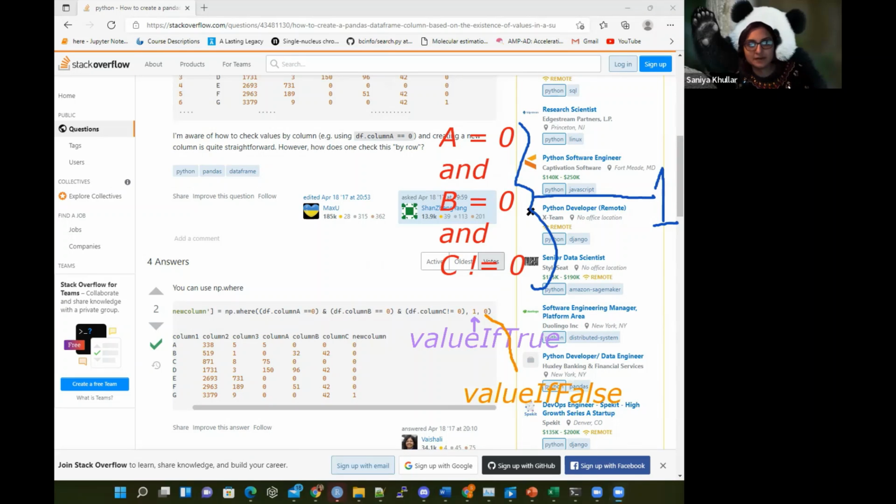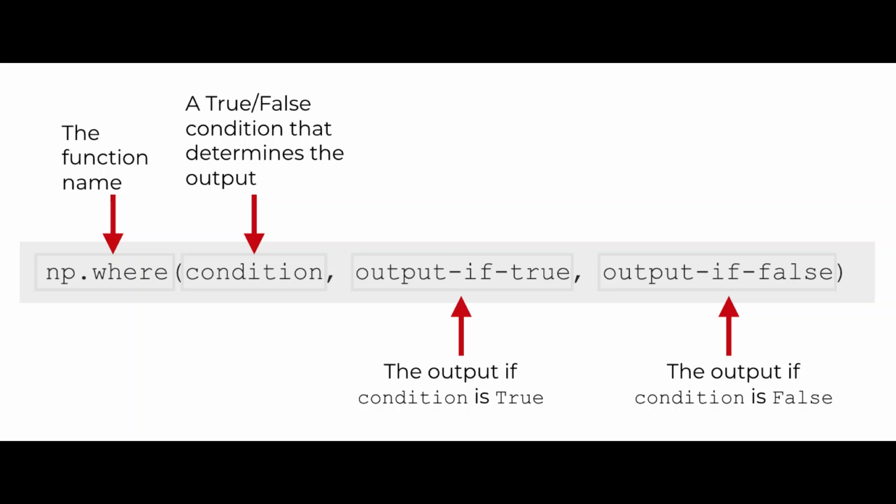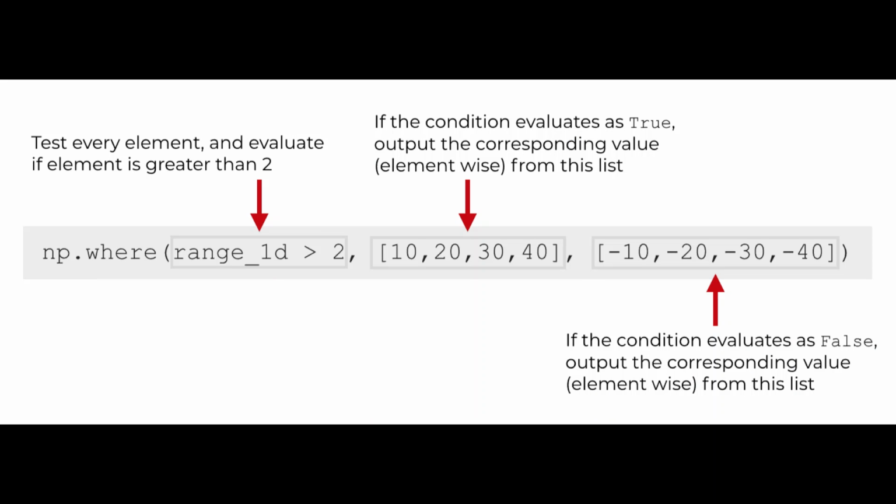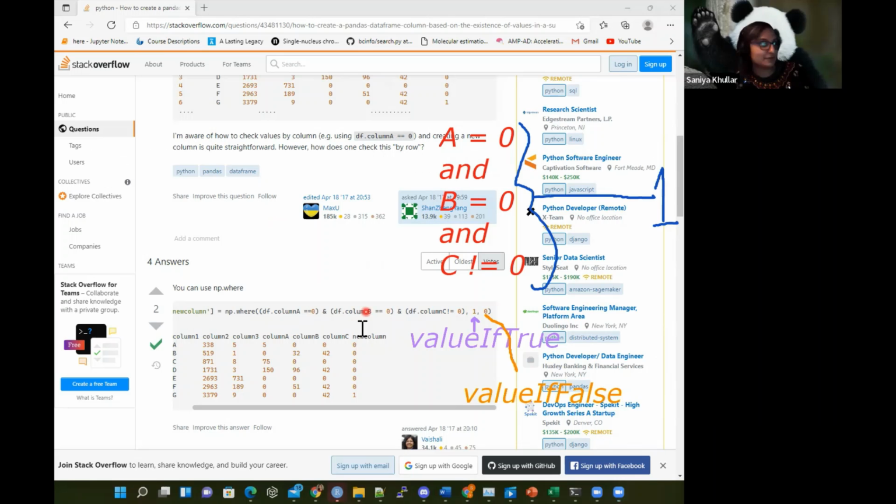So that's how to do it again. You can have multiple conditions: column A being 0, which is what this is showing, column B being 0, which is what this is showing, and column C not being 0, which is what this is showing.